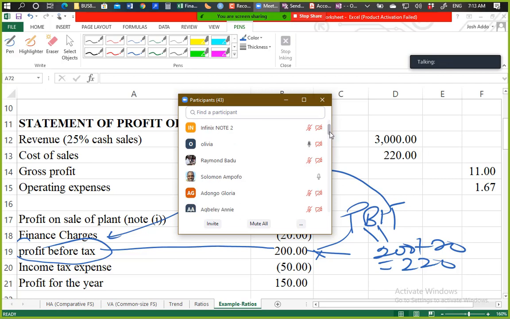Sir, I'm not seeing anything. I'm on it, but my screen is blurred. I'm not seeing anything on the screen. You are not seeing anything on the screen? Yes, I'm just listening to what you are saying. Oh, I'm very sorry. But that issue is a problem from your side, not my side. So, are you using a computer or a phone? Go out and come again. I've done it several times.